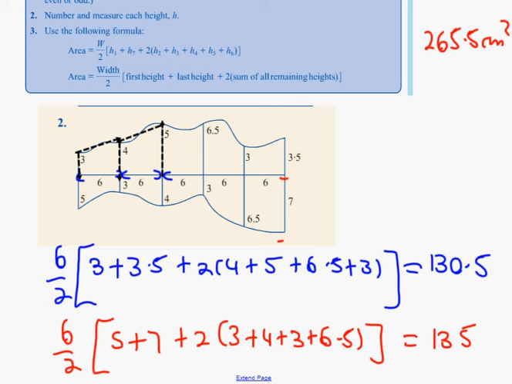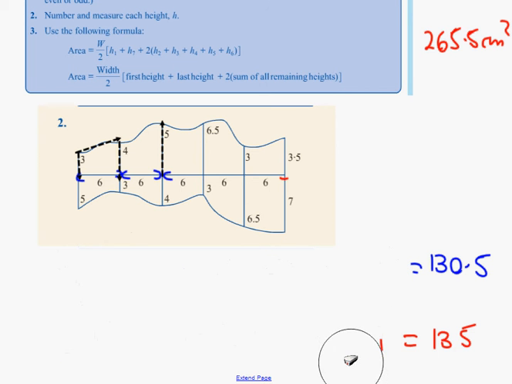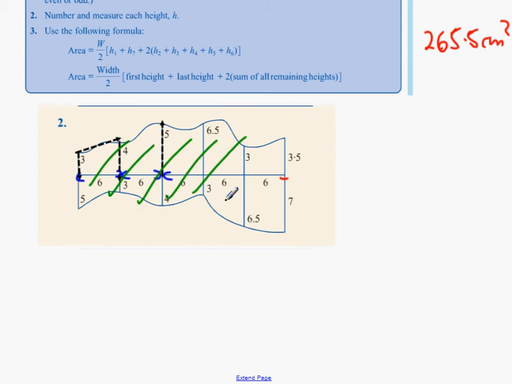Now, what happens if we combine the heights? Do we still get 265.5? Let's find out. It should work. Okay, so we're going to do what's called the green area. The green area is the full thing in one go. So this time around, the width is still worth 6, isn't it? 6 over 2. The height now turns into 8.